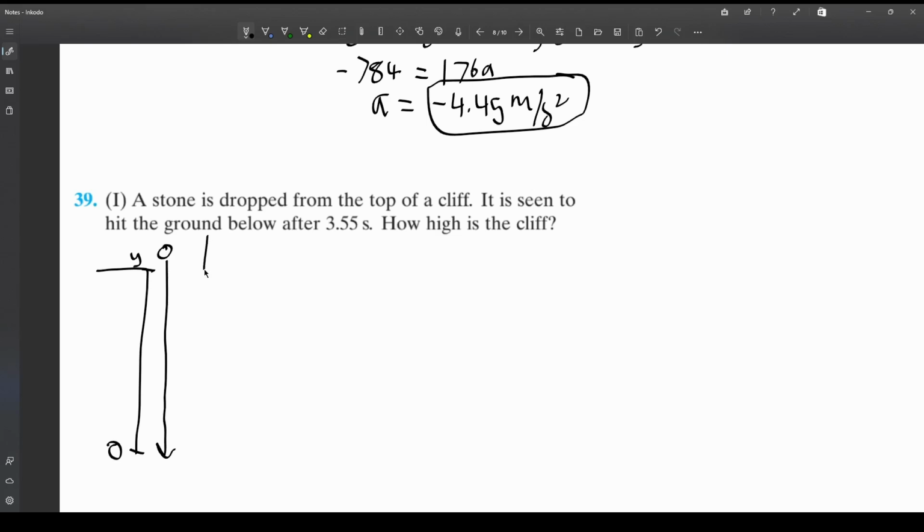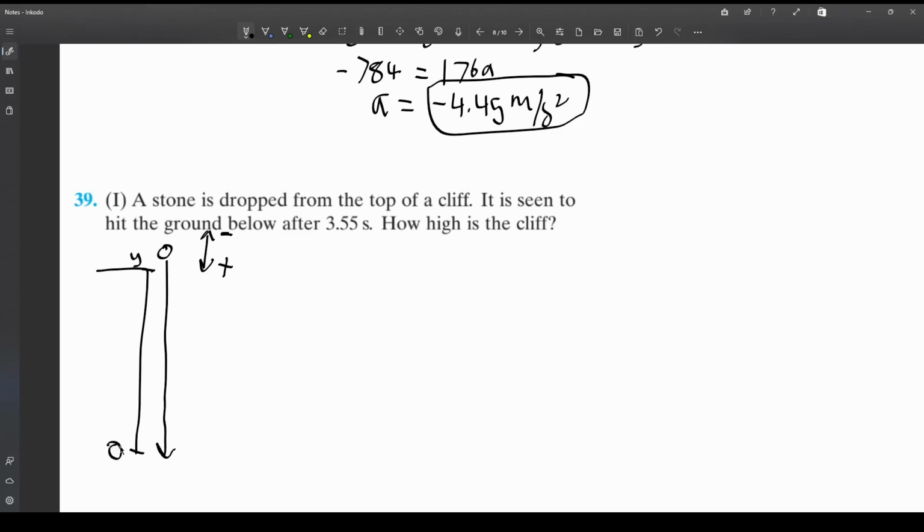So up here, let's just make a reference, a plus and minus. The way that we're going to approach this problem is, actually, I'll do something interesting. I'll make the bottom plus and the top minus. And you'll understand the reason after I try it out.